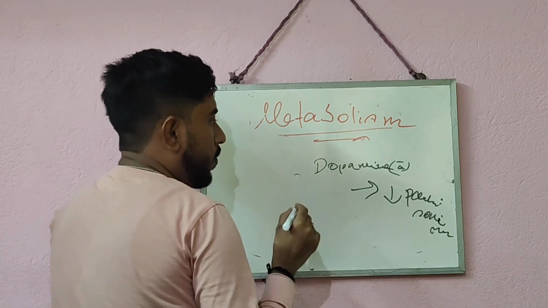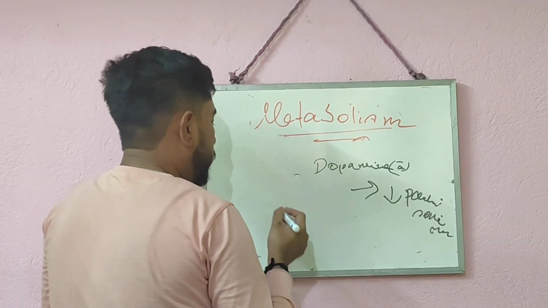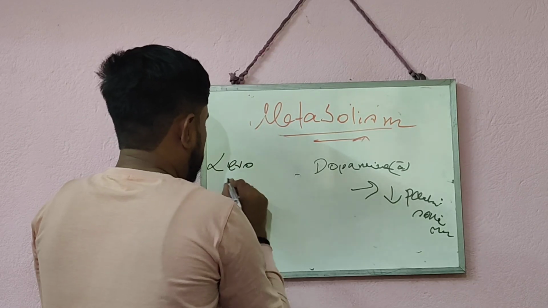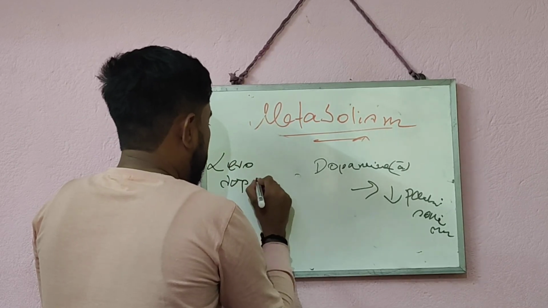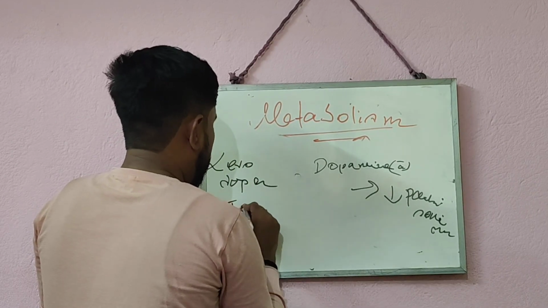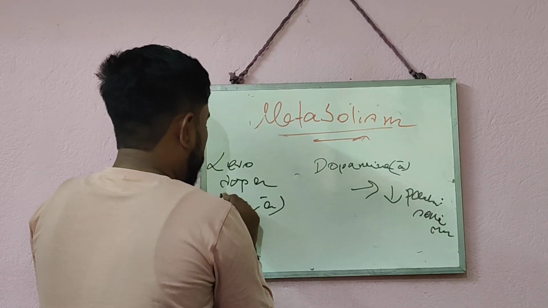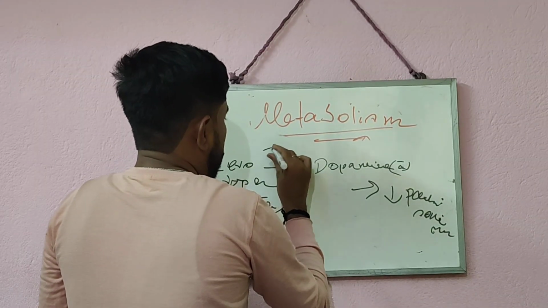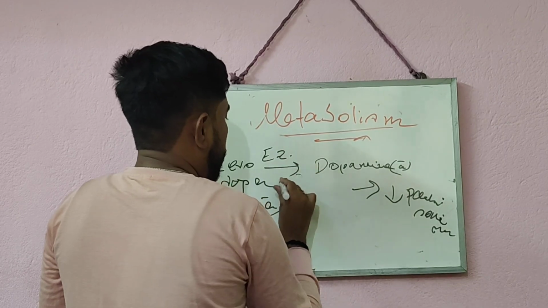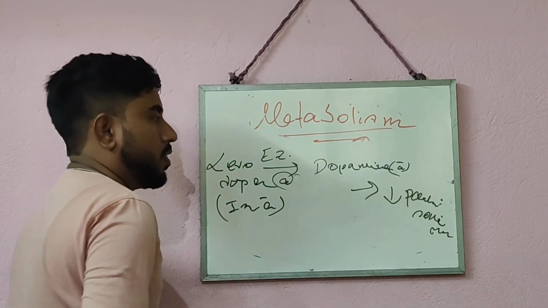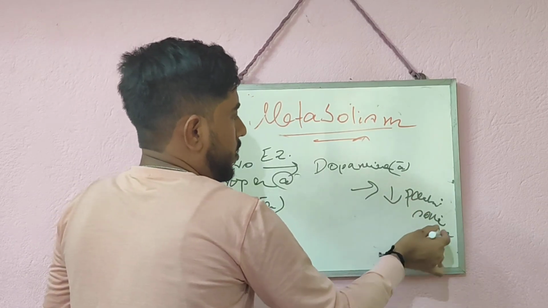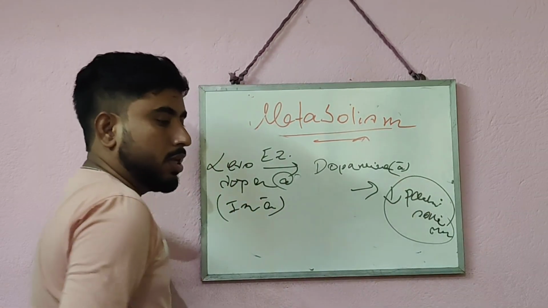The inactive form which we take is levodopa. So levodopa is the inactive form, the prodrug, which we take. Then it goes through enzymatic activity and transforms into dopamine, the active form, and shows its action to treat Parkinson's disease.